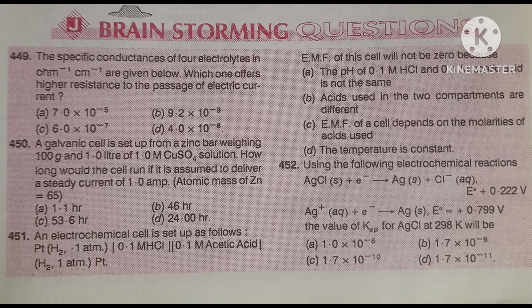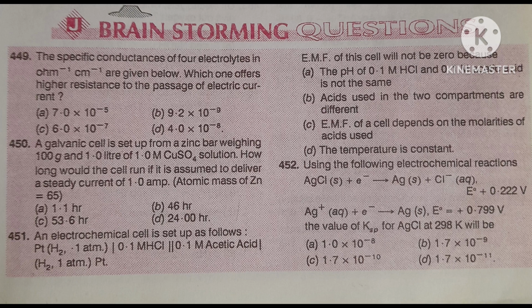See, you have to understand the question. A galvanic cell is set up. How is it set up? They have used a zinc bar, just like a zinc rod. Its mass is 100 gram and it is dipped in 1 liter solution of copper sulfate.